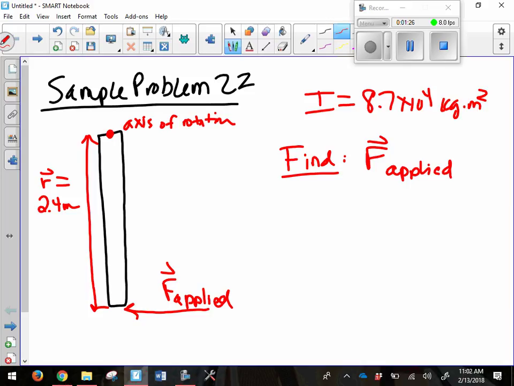And I believe that I was trying very hard to pull teeth and get you to think about the last sentence of the problem, which talks about making the door move from rest through an angle of 90 degrees in 30 seconds. And what should that sound like? That should sound like a very familiar type of problem to you.